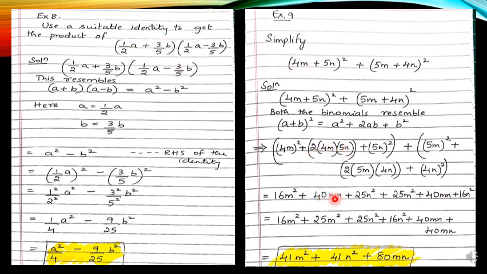So 40mn. 5n the whole square is 5 square n square, that is 25n square. Then put the plus sign as it is. 5m the whole square means 25m square. So 5 square means 25. M square will be written as it is. Plus 5m into 4n into 2 will be giving you 40mn plus 4n the whole square is 16n square.